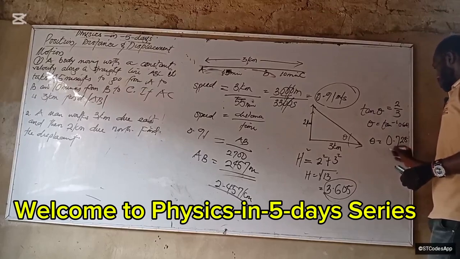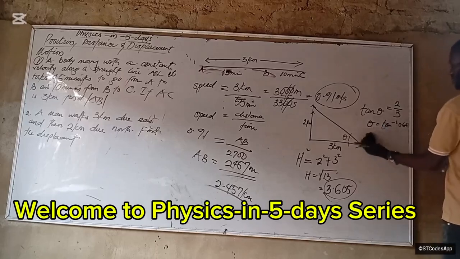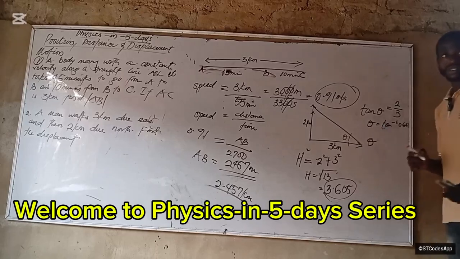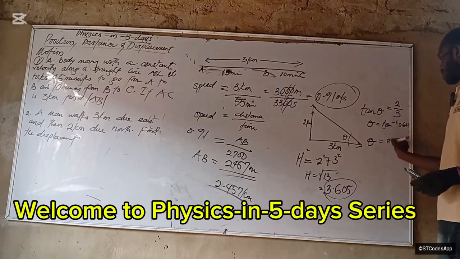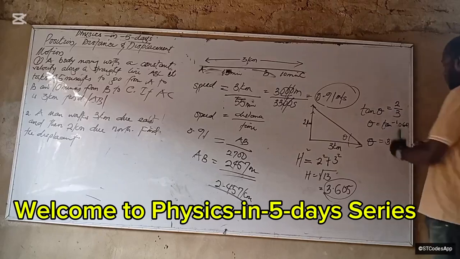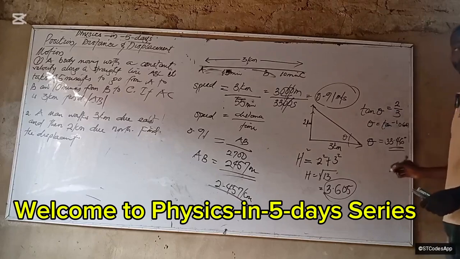Tan inverse of this now. Theta is going to be tan inverse of this, which is 33.46 degrees. Is that okay?